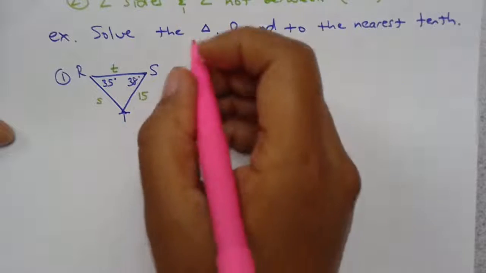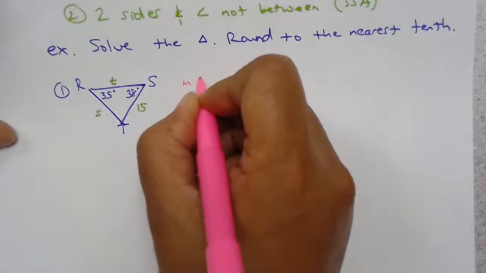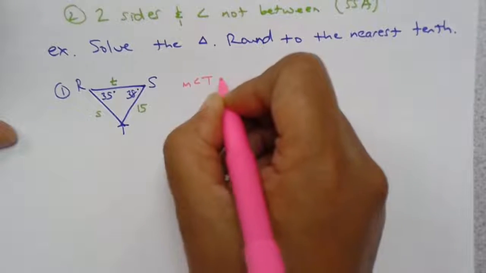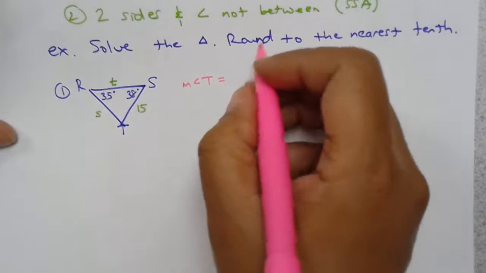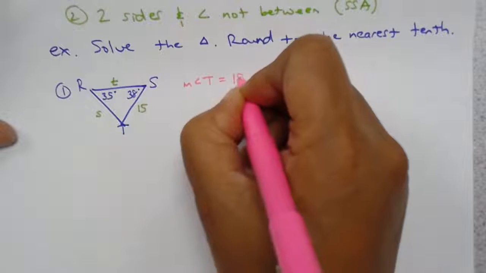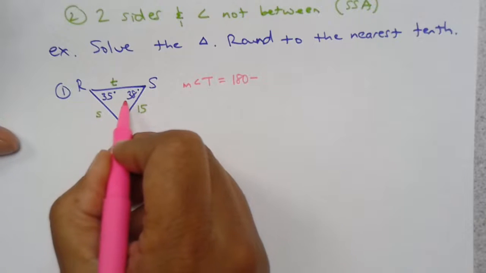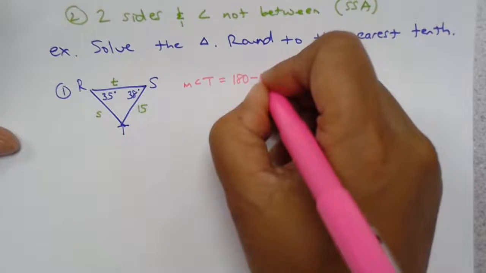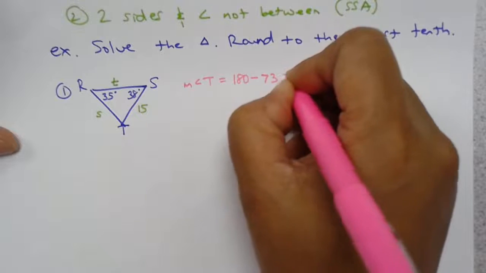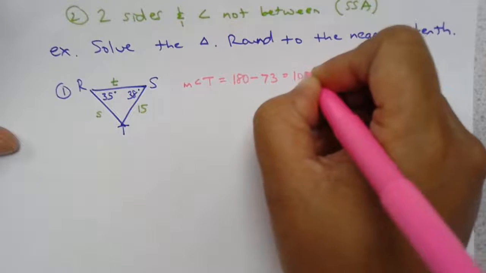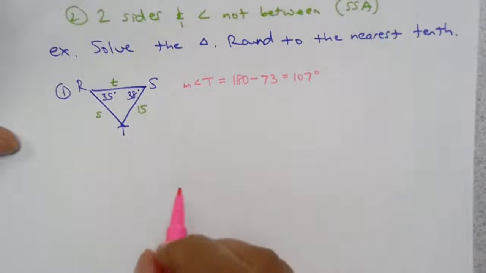So I'm going to go ahead and find first what is the measurement of angle T. And that's basically taking 180 and subtracting what these two add up together to be. So these two add up together to be 73, and so this gets you a total of 107 degrees for angle T.